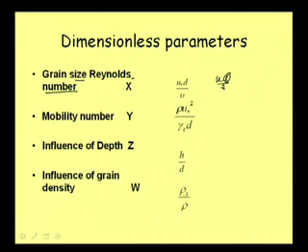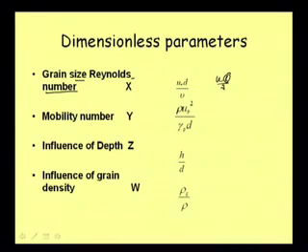So, we can name this as a grain size Reynolds number x. And then another number, the mobility number, is coming, that is rho u star square by gamma s d. Again this term is nothing but the tau c star. As we can see, we know that u star is equal to root over tau 0 by rho.